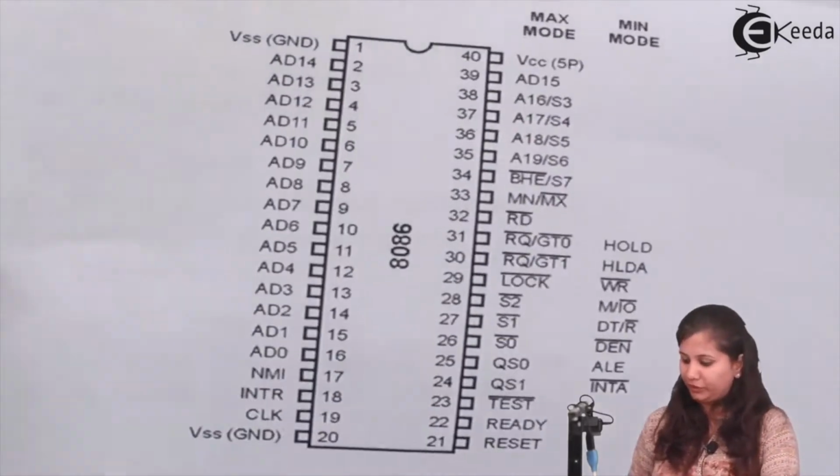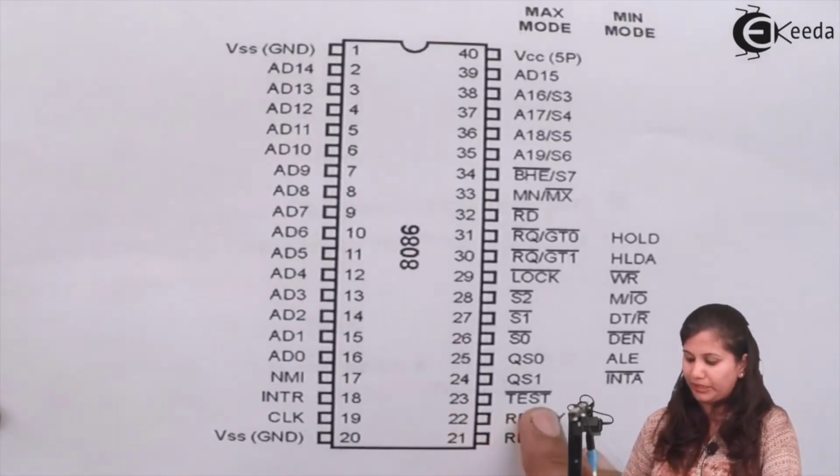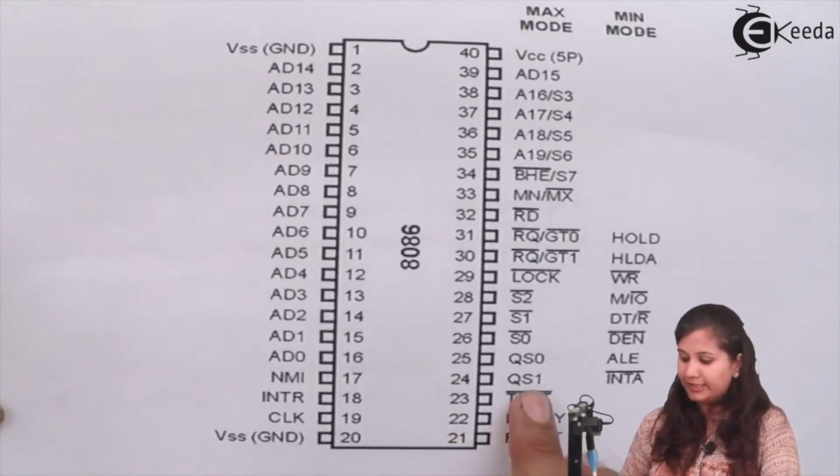Next we have the test signal. This test signal is available at pin number 23. This is an active low signal.